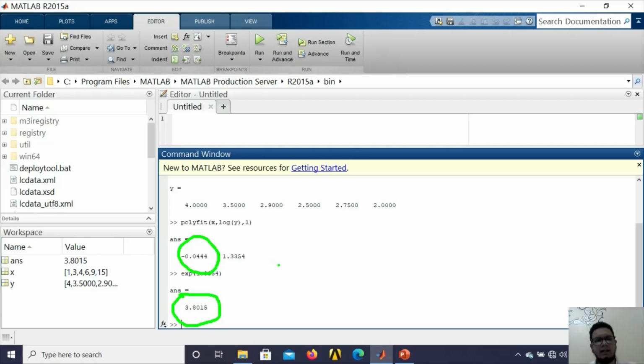In this way, using the polyfit function, you can fit any curve to your experimental data.